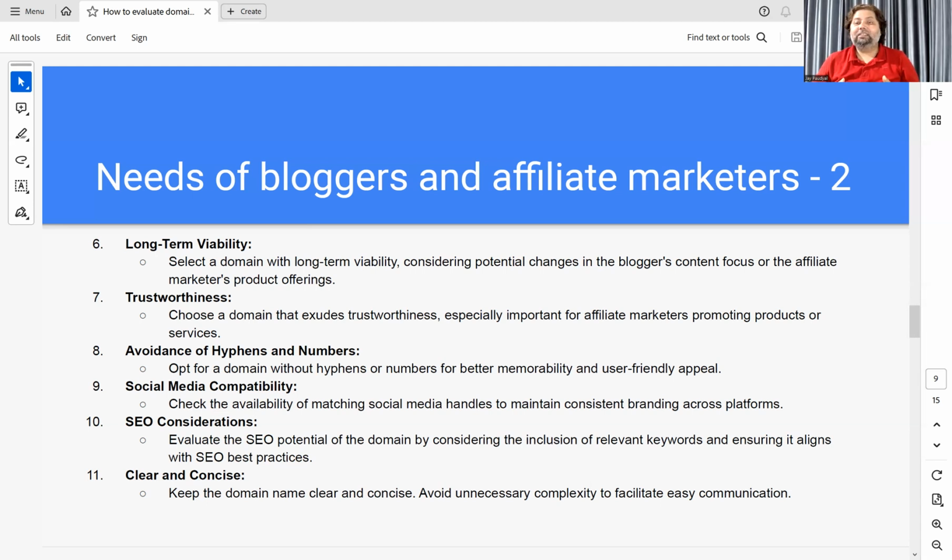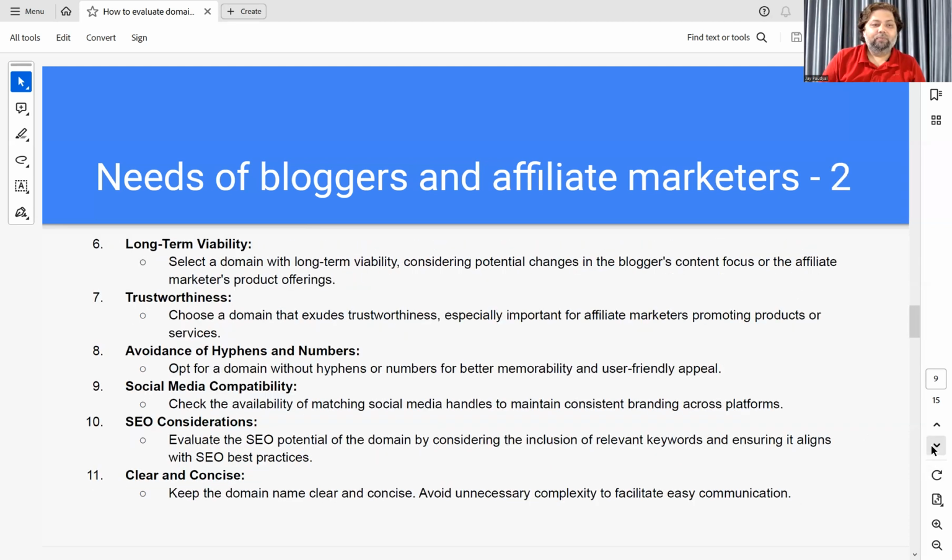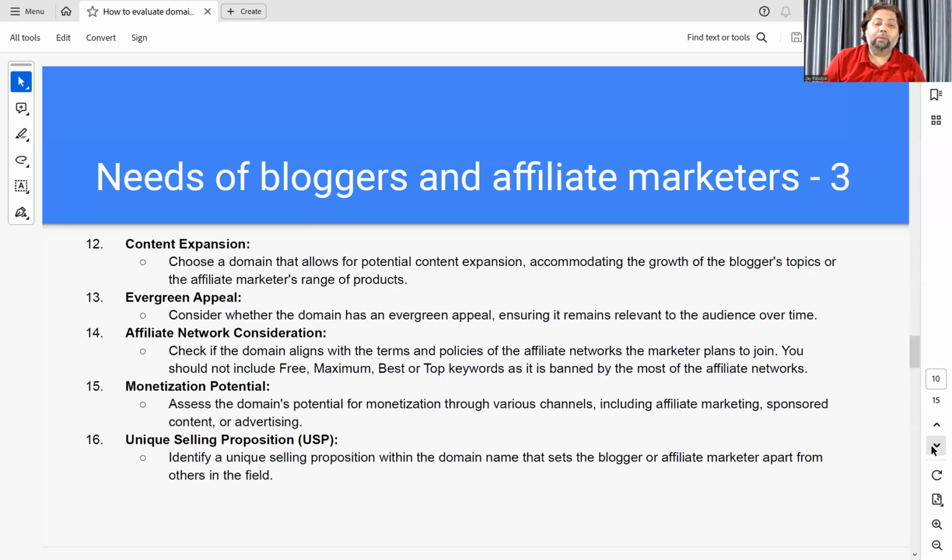See, magical rugs is so easy to read. Okay. So your domain should be clear and concise, in case you want to sell those domains to a blogger or affiliate, or you want to become an affiliate. Okay. Other points are content expansion.